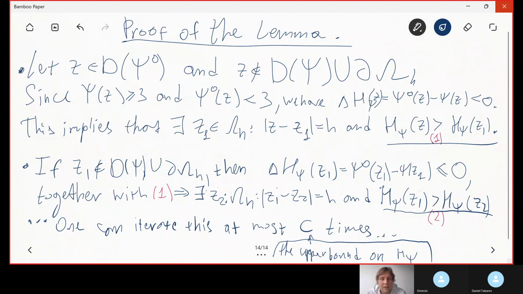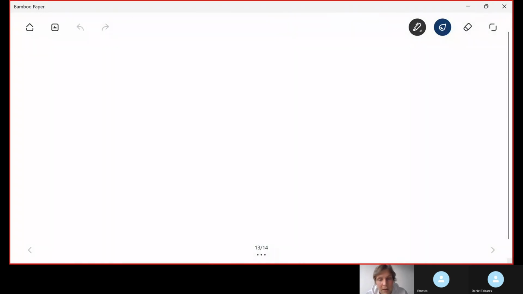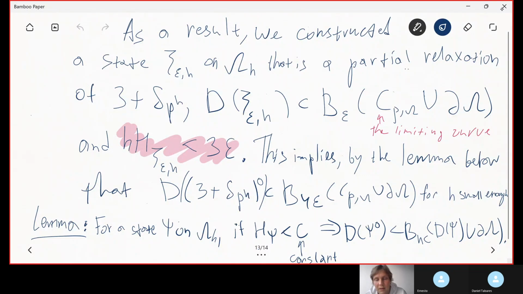And so we repeat, meaning that you have a chain of neighbors, and going from one neighbor to the next always decreases the toppling function by 1. Which means that if C is the upper bound on the toppling function, you derive the desired estimate: the deviation locus of the relaxation belongs to the HC neighborhood of the deviation locus of the original state union with the boundary.